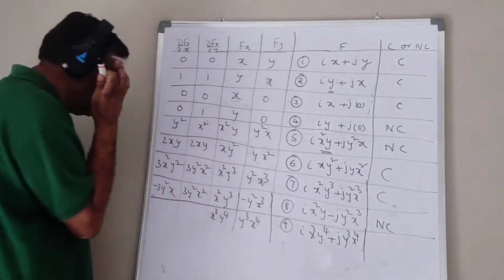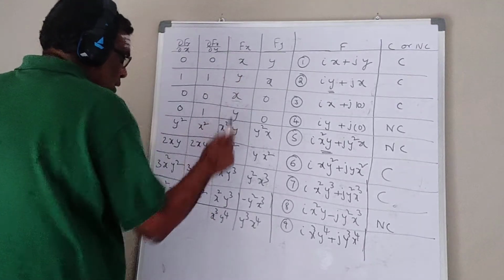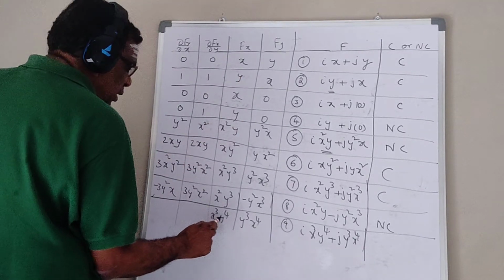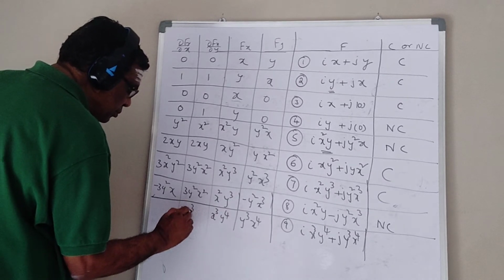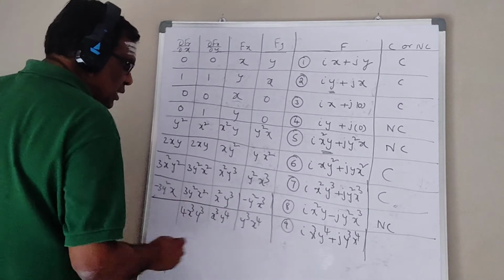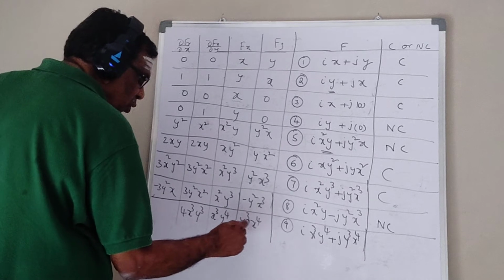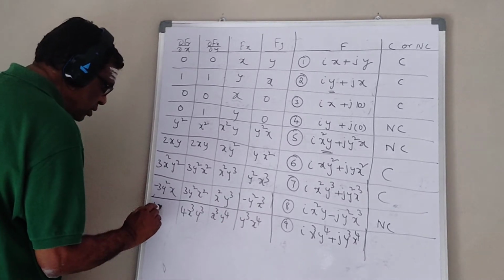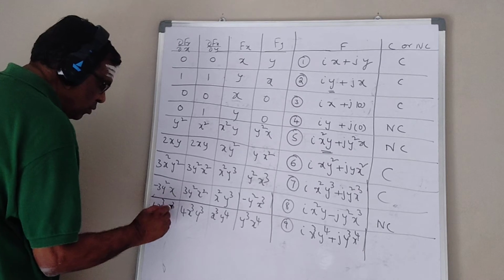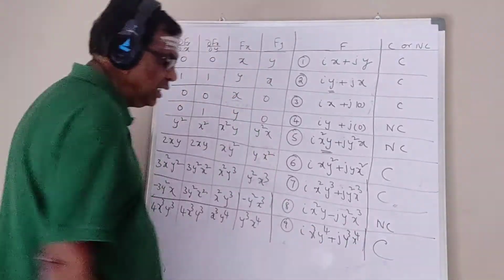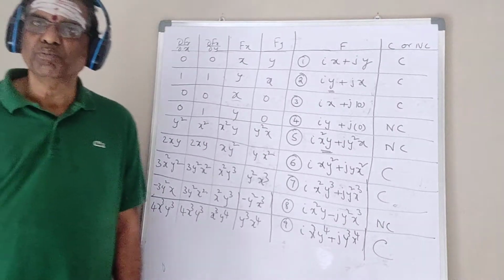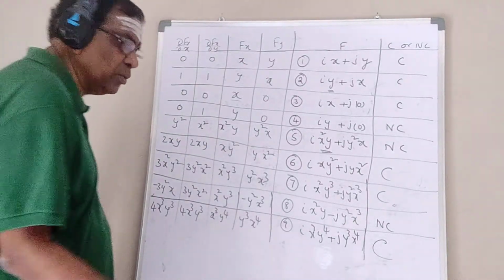Now tell me what are you going to get? This you differentiate with respect to y, 4y cube, because x is kept constant. And this one, 4x cube y cube. Wow. These two are same, therefore this is a conservative force. That's how you have to do.